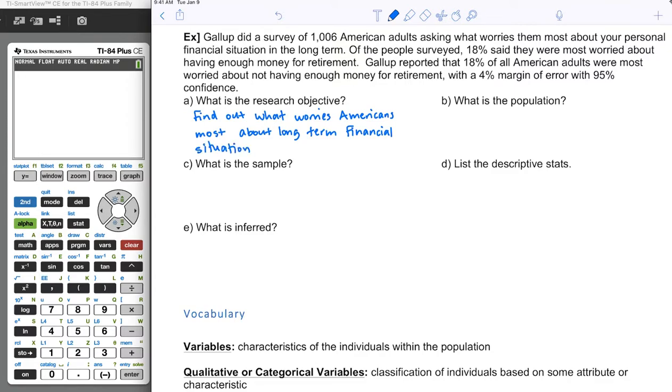Okay, part B, what is the population? In this case, we can see that is American adults. However, there are tens of millions of American adults, so they had to select a sample. What is the sample? 1,006 American adults.